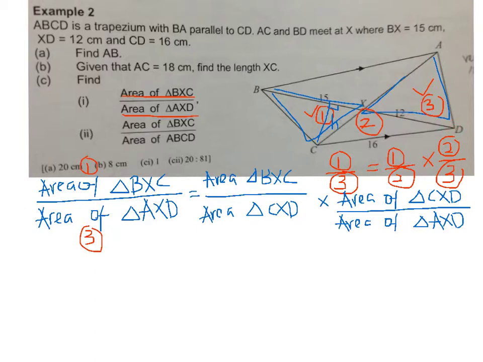If you can't, it will be good for you to rotate your paper upside down. So what we will have here will be area of BXC will be half times base 15 multiplied by height over half times 12 multiplied by height. Okay, so we are done with comparing triangles 1 and 2.